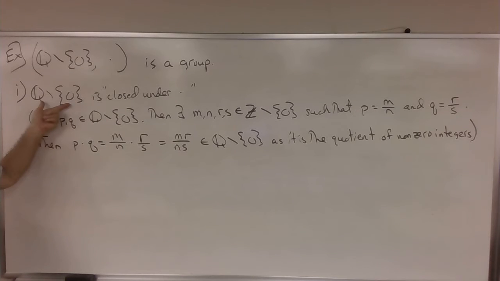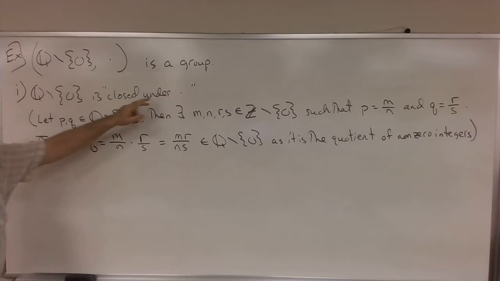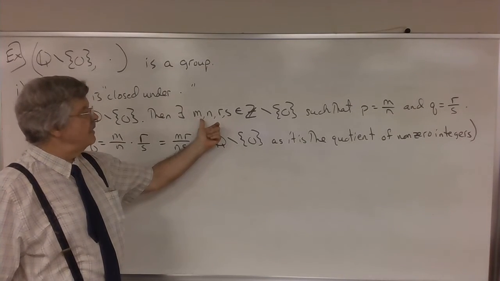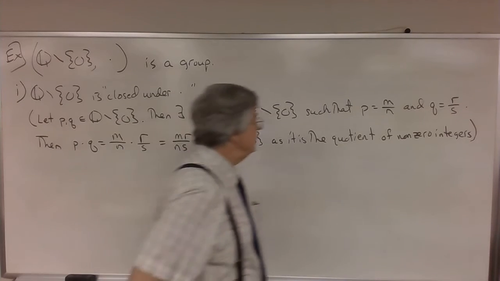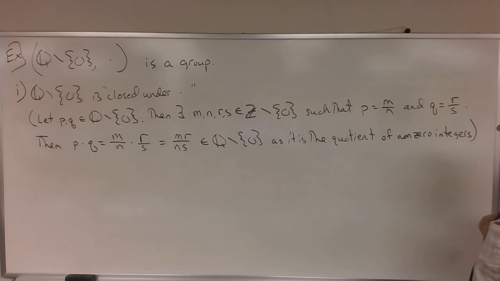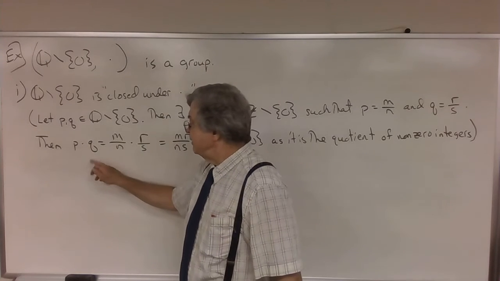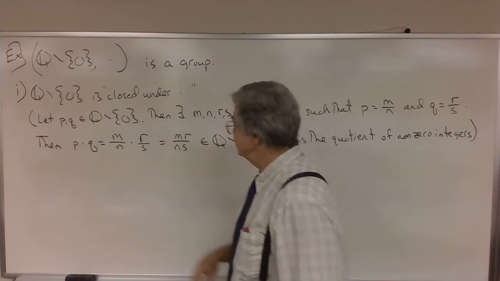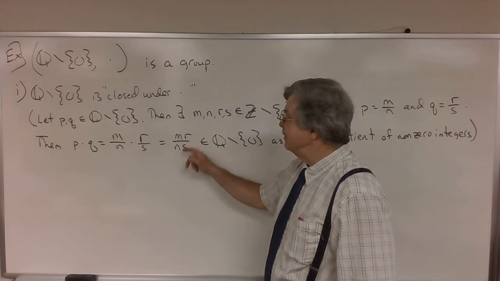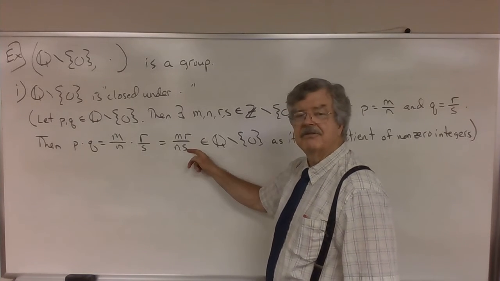And to show that the set of non-zero rational numbers is closed under multiplication, we take two non-zero rational numbers, p and q, and we say that there have to be non-zero integers m, n, r, s, such that p equals m over n, q equals r over s. And the product of p and q is m over n times r over s, which is integer m times integer r over integer n times integer s.